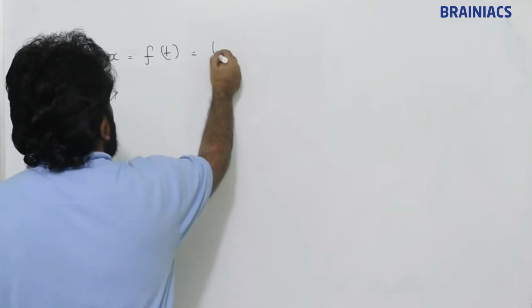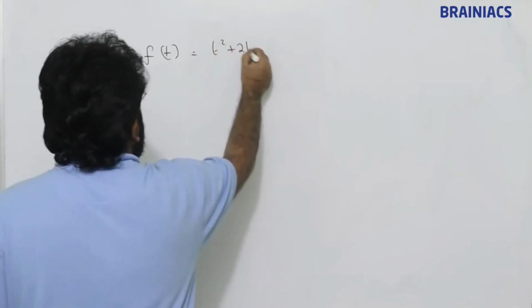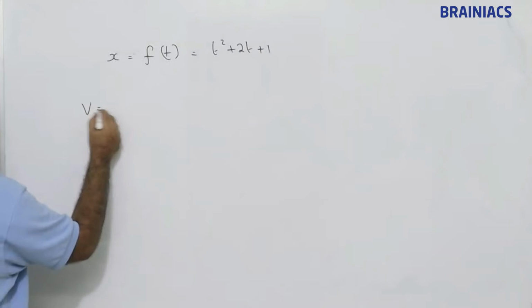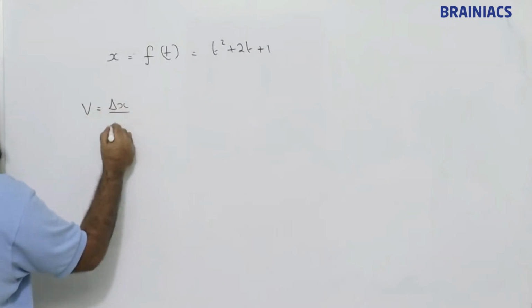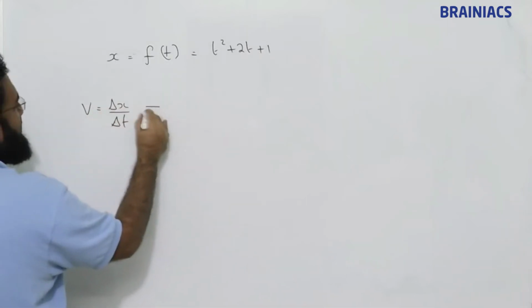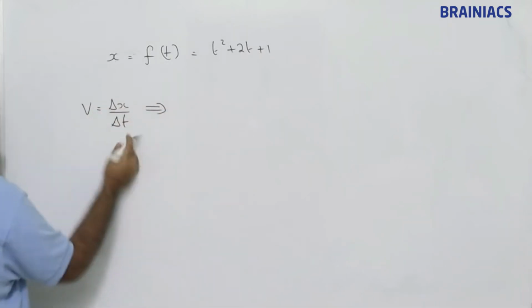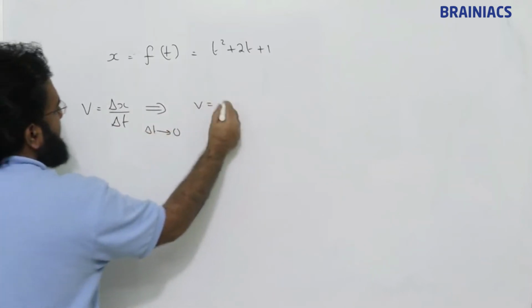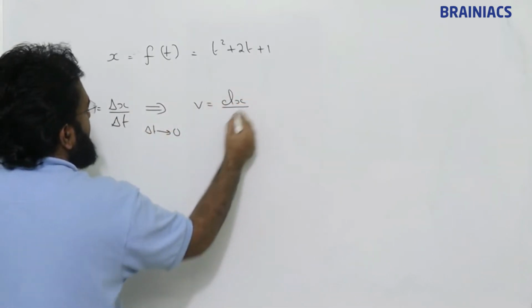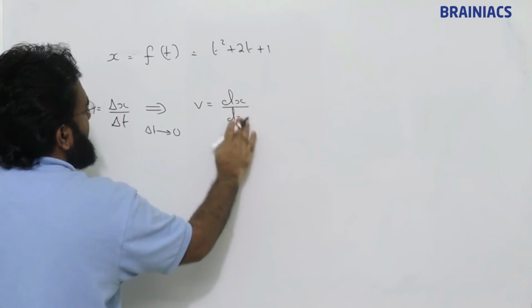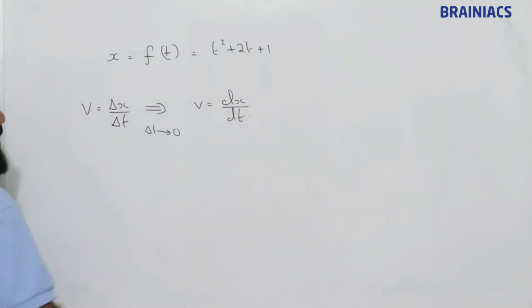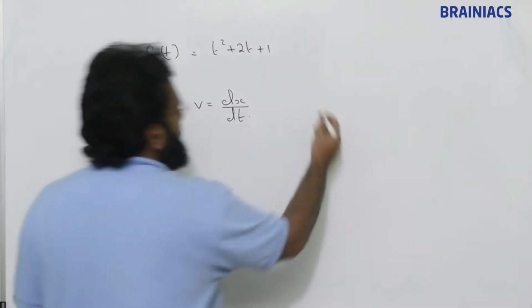An example will be like t square plus 2t plus 1 or something like that. And we know v is equal to delta x by delta t. And delta t is very small, delta t tends to 0, so v is nothing but dx by dt. And we know how to differentiate a function.